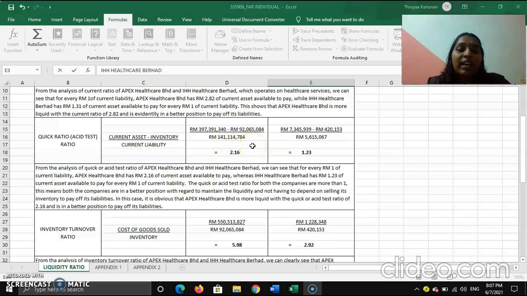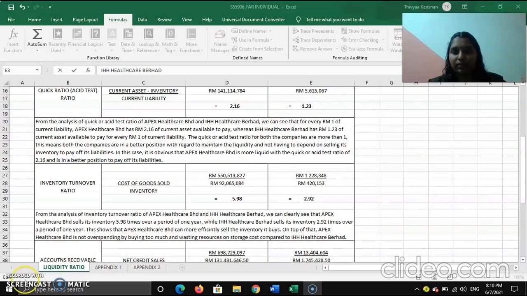As for IHH Healthcare Berhad, current asset 7,345,939 ringgit minus inventory 420,153 ringgit divided by current liability 5,615,067 ringgit equals to 1.23.